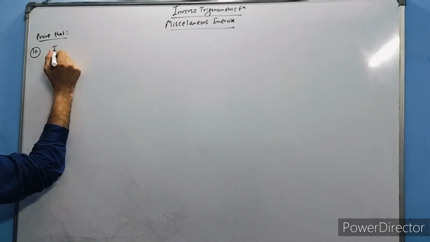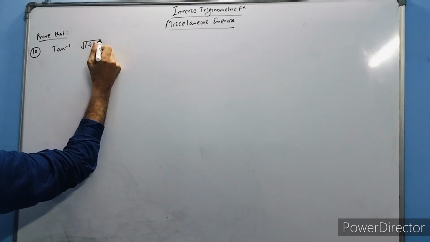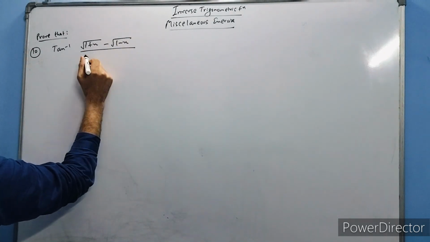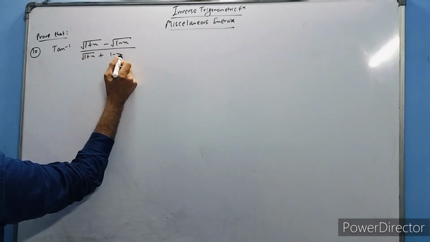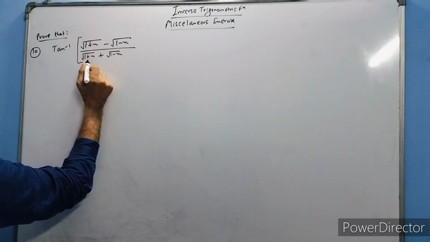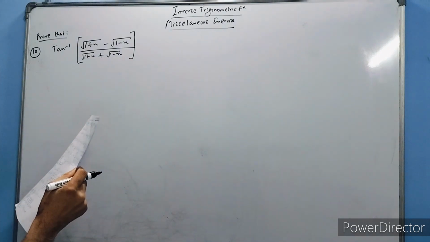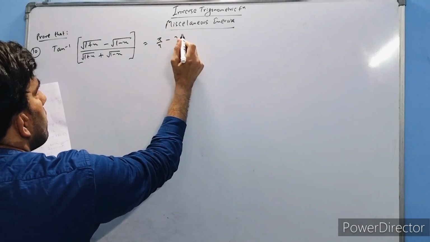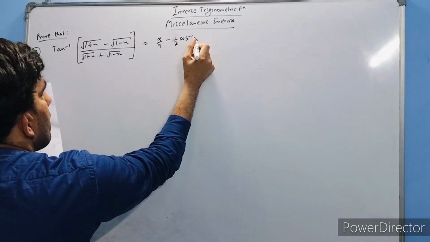That is tan inverse of (root 1 plus x minus root 1 minus x) upon (root 1 plus x plus root 1 minus x), we need to prove it equals pi by 4 minus 1 by 2 cos inverse x.